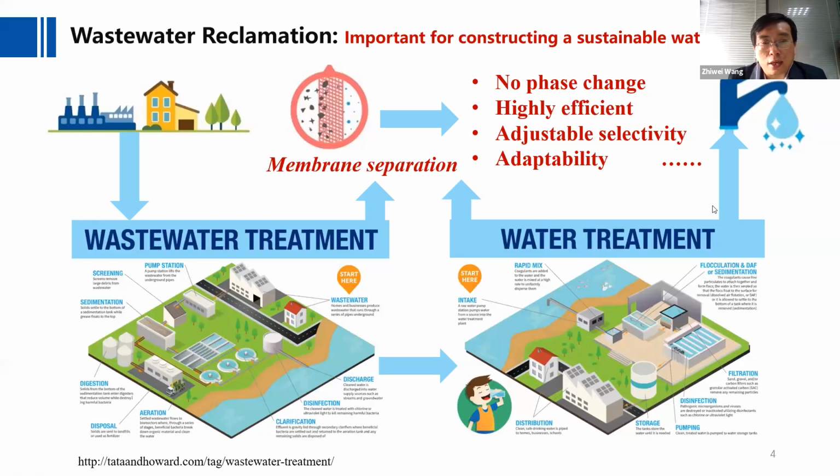Among those technologies, membrane separation technology has attracted much interest in recent years due to the following advantages, such as no phase change, highly efficient solid-liquid separation, water and pollutant separation, and also adjustable selectivity and so forth.